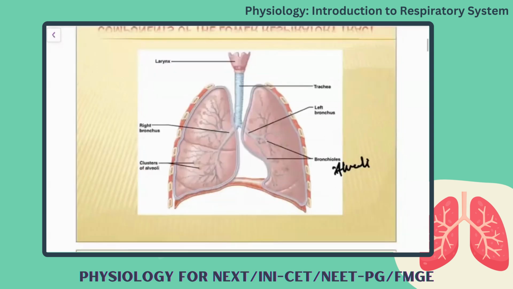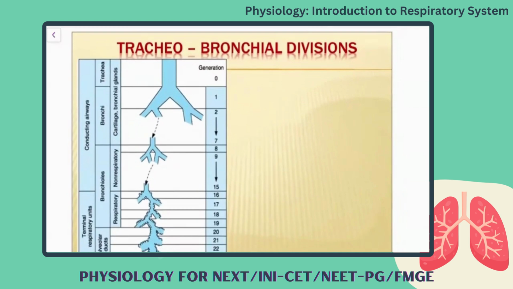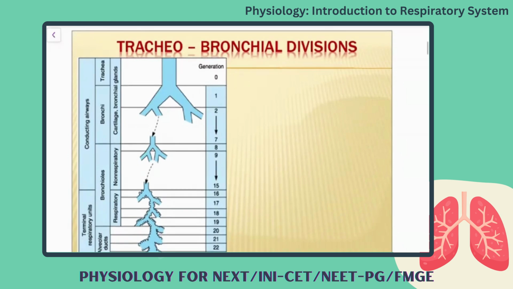Now we have seen that the trachea divides into two major divisions, the right and the left. After the bronchus enters the lungs on both sides, it undergoes so many divisions that you term them tracheobronchial divisions. Nearly 23 times the bronchus undergoes division.